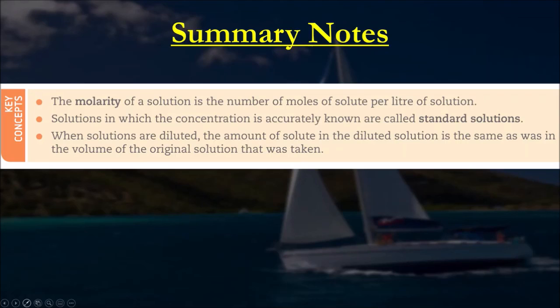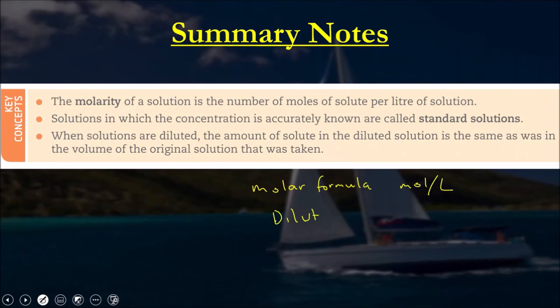So if I put that down in terms of formulas that we've come across, the molarity formula says that it's moles per liter, and for dilution, whatever n1 was, n2 after dilution is the same as that.